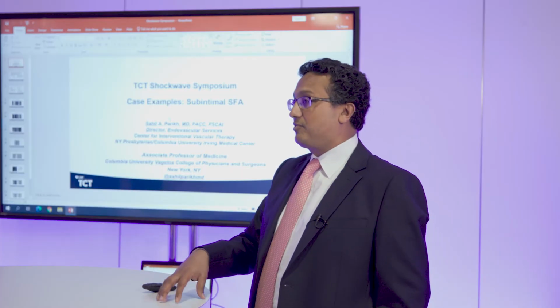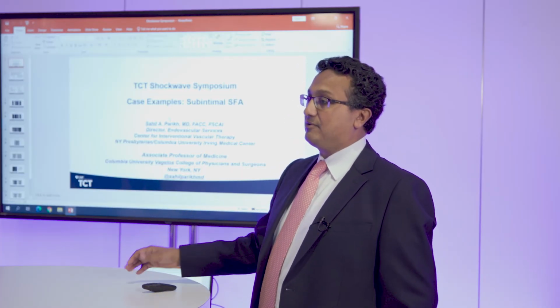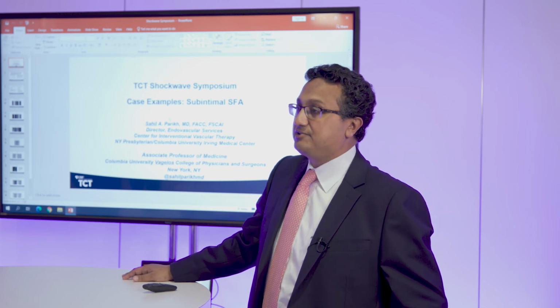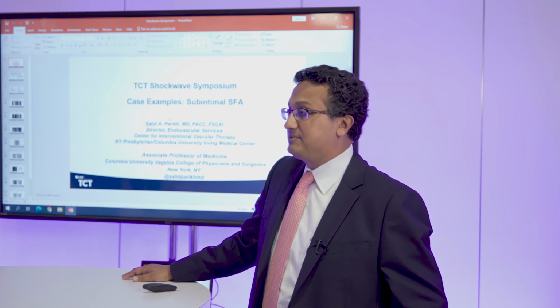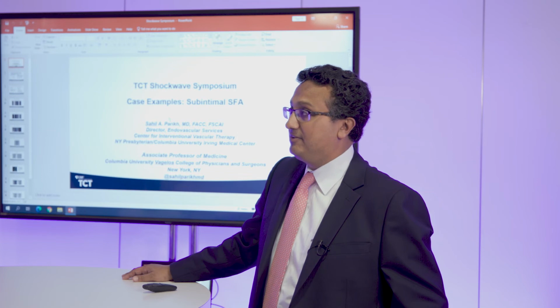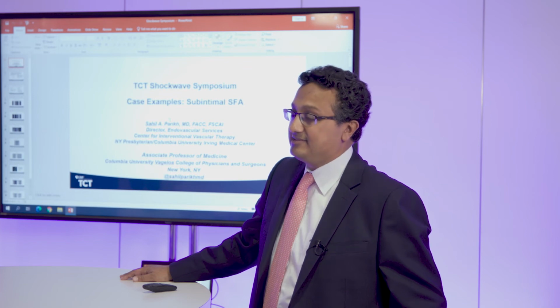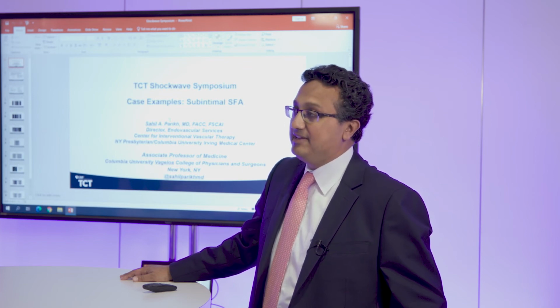So the key thing, I think, is sizing. What we've learned is that if you don't size properly, you don't get the kind of result you're looking for. So you have to be fairly aggressive with sizing. So if you're not sure, in that case, I would size up by at least 0.5 millimeter, if not more. And if you are looking to do proper one-to-one sizing, IVUS obviously makes it really easy.